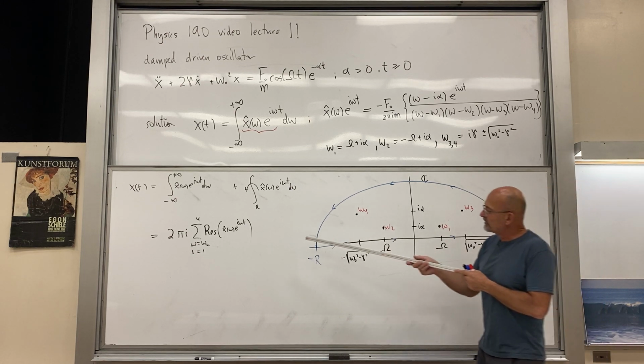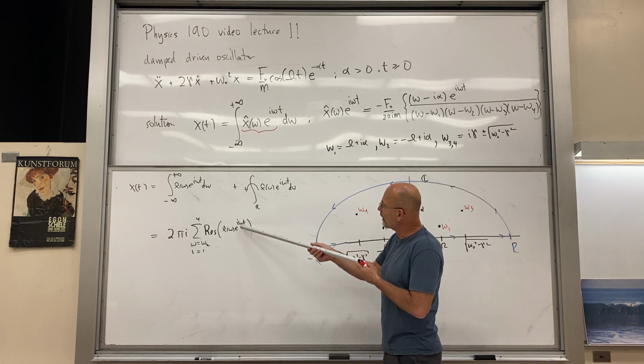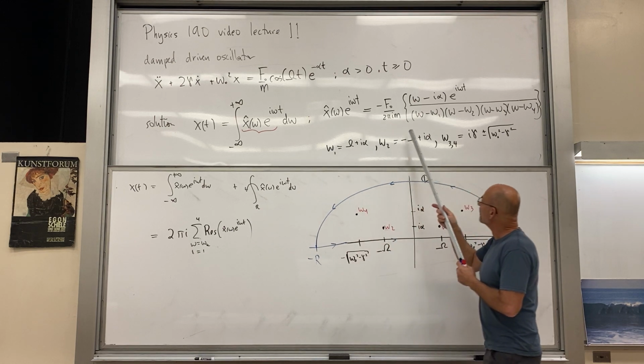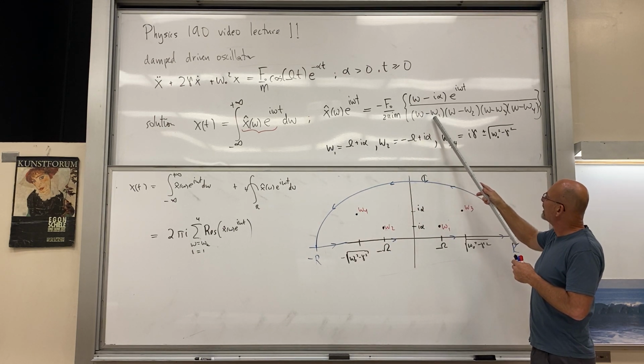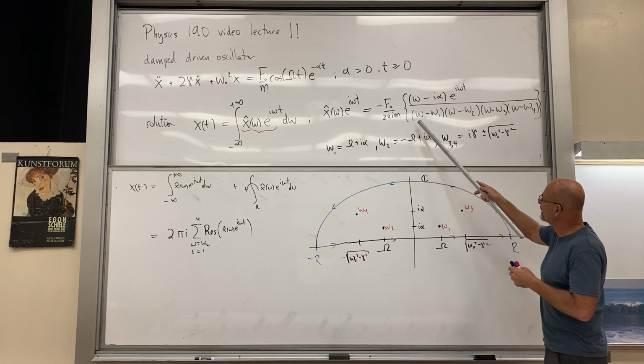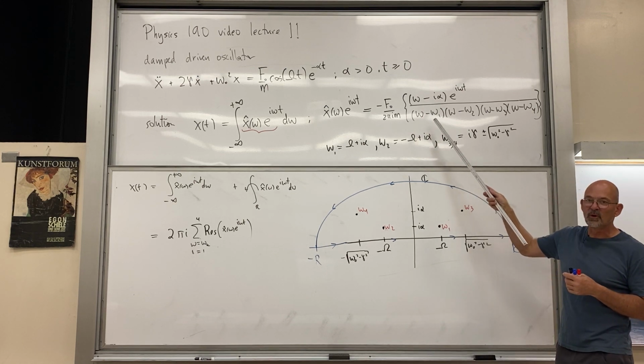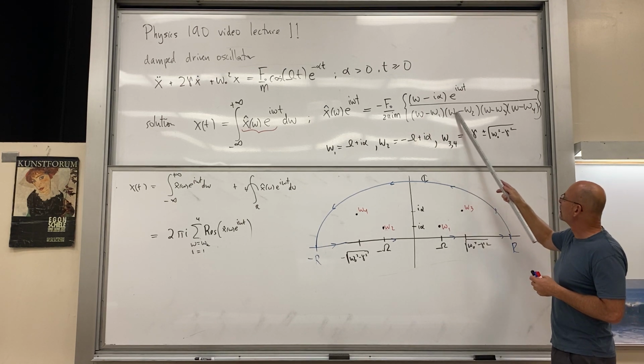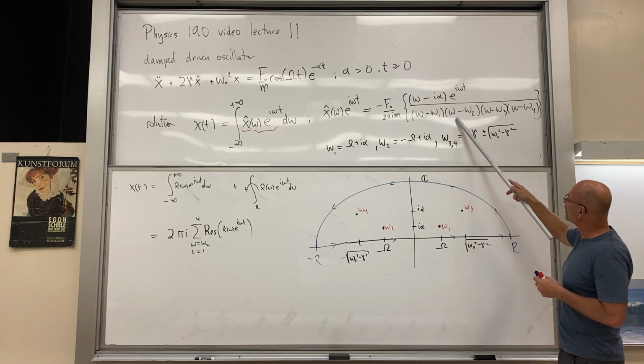For example, the residue for this thing at omega 1, we multiply by omega minus omega 1, which essentially just cancels the simple pole, and evaluate the remaining 3 at omega 1.